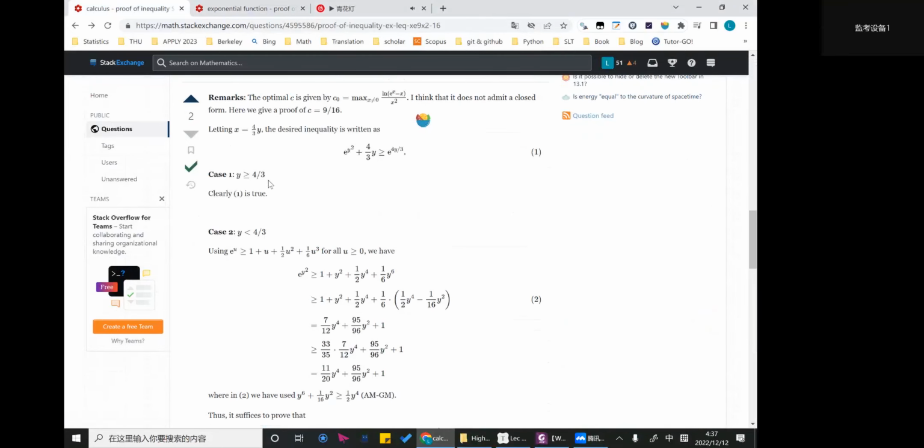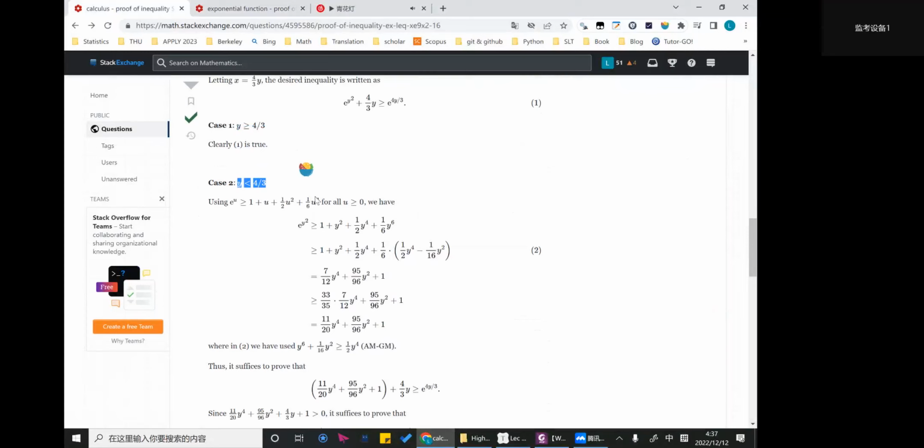This answer is correct. When y is larger than 4/3, it's intuitive and also true. When y is less than 4/3, the author also used this. So by applying this inequality, which is directly derived from the Taylor expansion, we get this.